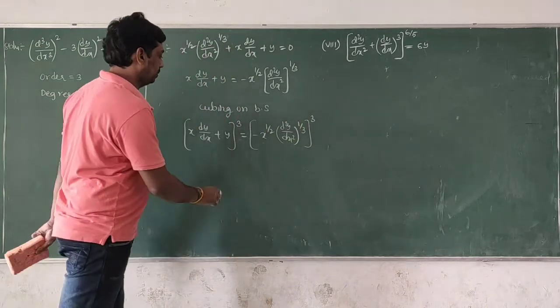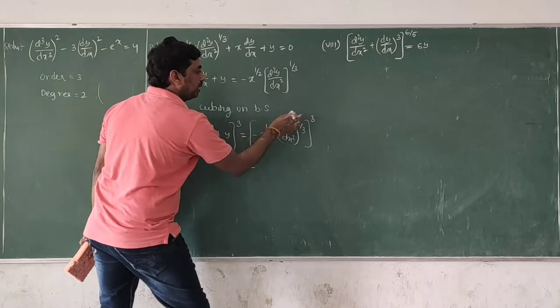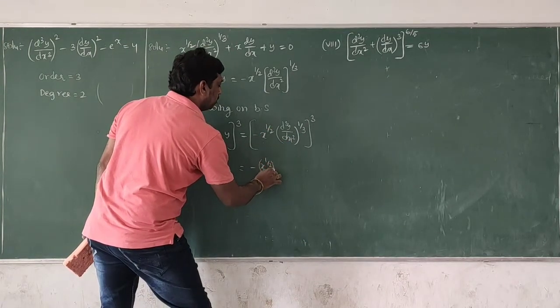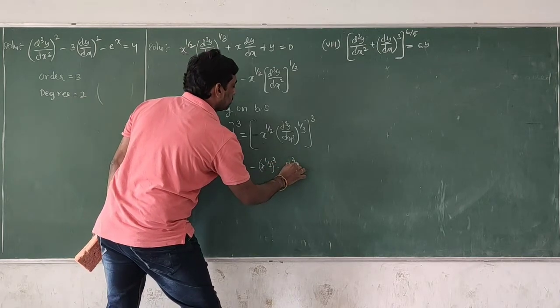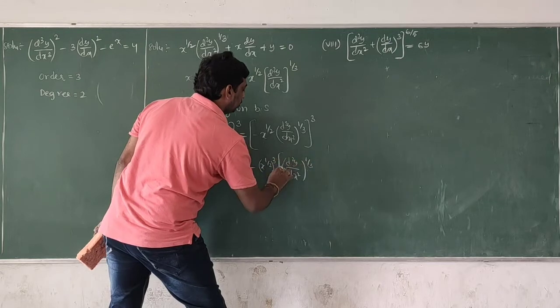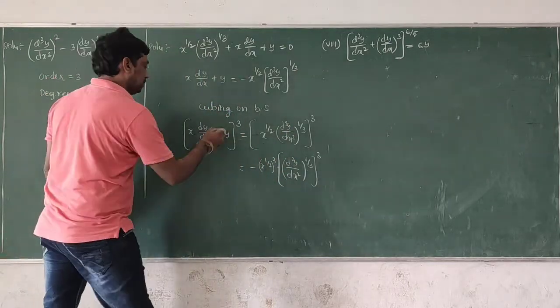Clear? Right. Now minus power 3, and only x power 1 by 2 whole power 3, keeping d square y by dx square whole power 1 by 3 whole cube. Split the power to each and every term of the RHS.